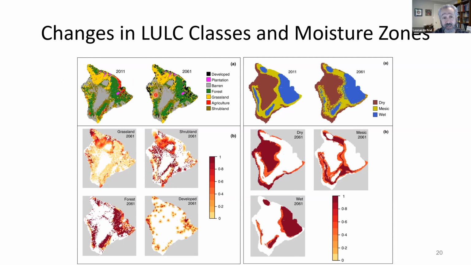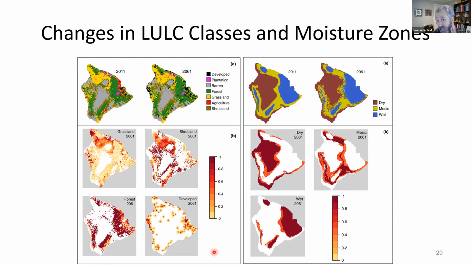We can see a large transition in this area to more agricultural land, so agricultural expansion. And these maps down here show the probability of being in a particular state at the end of the simulation. So in 2061, the areas where there's a probability of being in grassland, shrubland, forest, and developed.